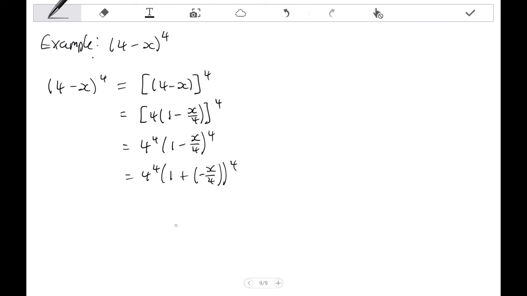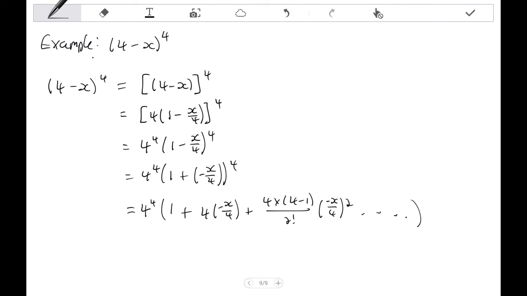Okay, which will look like this. 4 to the power of 4, bracket, 1, add, n is now 4, so it'll be 4 lots of minus x over 4, add 4 times 4 minus 1 over 2 factorial, minus x over 4 squared, and you can keep going, you get the point.